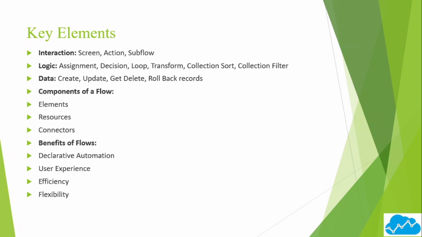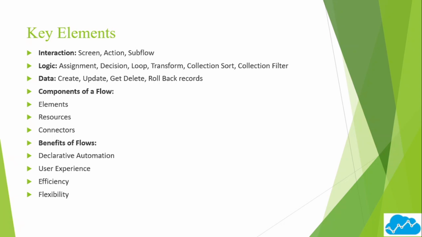For logic implementation, we use assignment, decision, loop, transform, collection sort and collection filter. And for data, when we need to perform some automation like creation, updation, deleting or rolling back records, then we are going to use data.